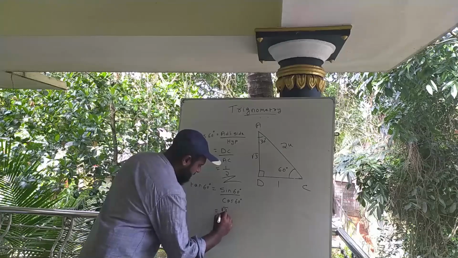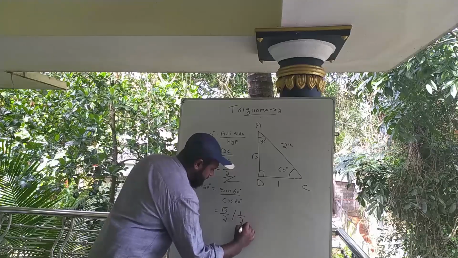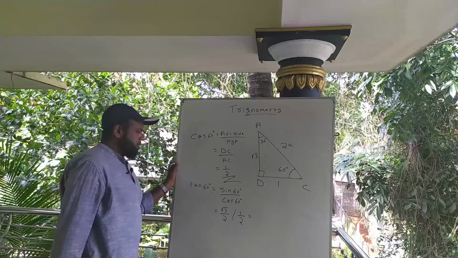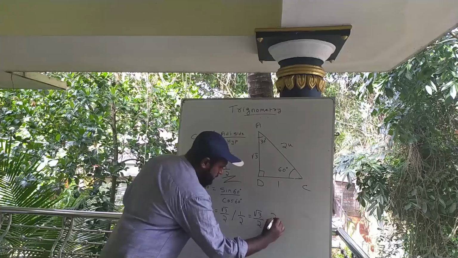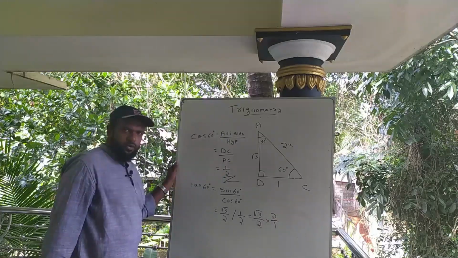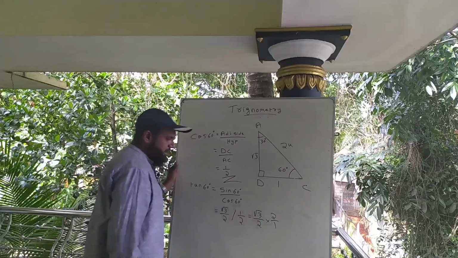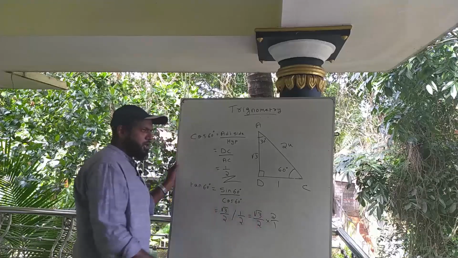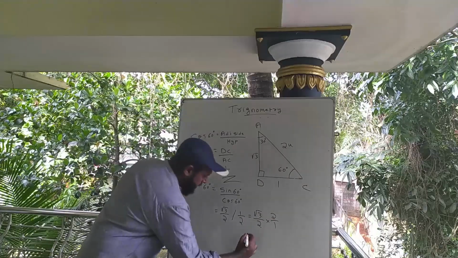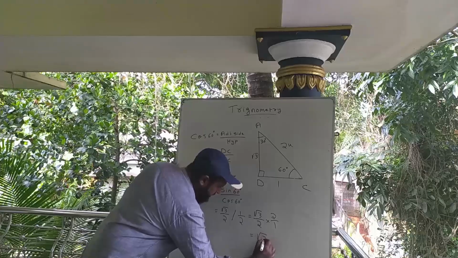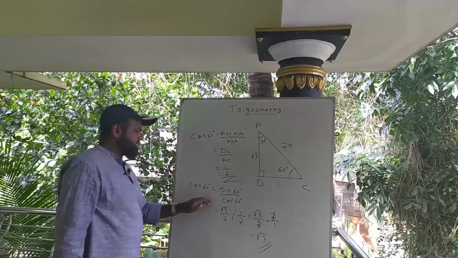Root 3 by 2 divided by 1 by 2 equal to root 3 by 2 into 2 by 1. That is, to divide two fractions, we have to write the first fraction as same and we have to multiply with the reciprocal of second fraction, that is root 3 by 2 into 2 by 1 equal to root 3. So, tan 60 equal to root 3.